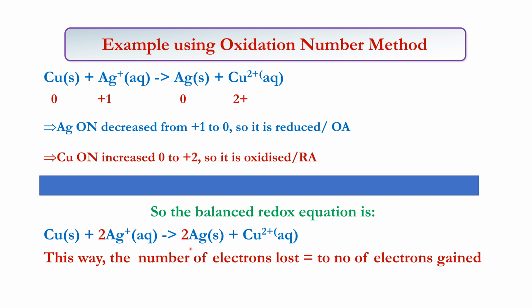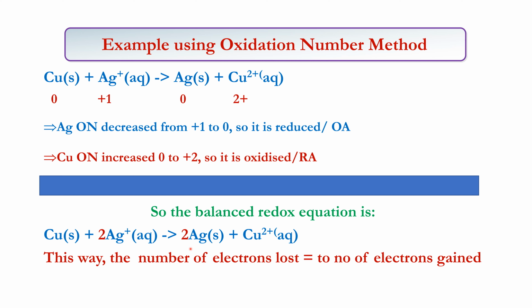So these are the steps that you need to follow whenever you are asked to balance a redox reaction using the oxidation number method. First you write down the unbalanced equation, then you write the oxidation numbers for each element in both the reactant and the product side.